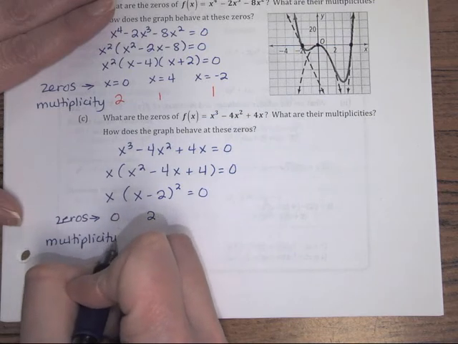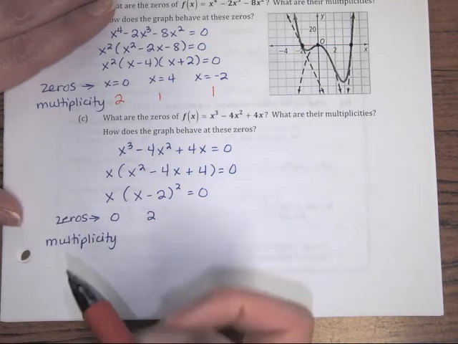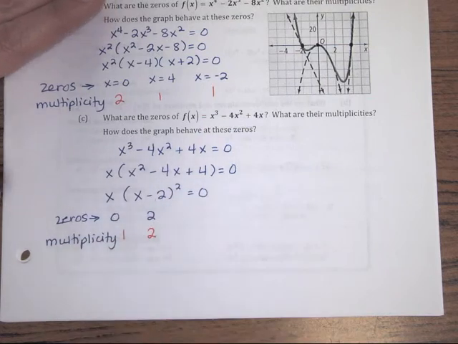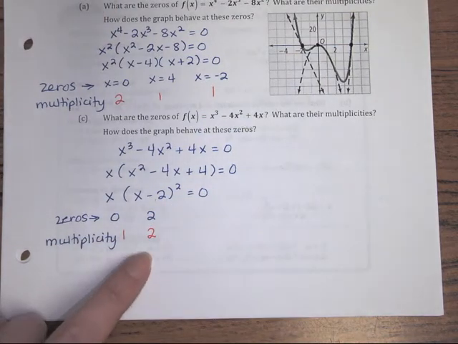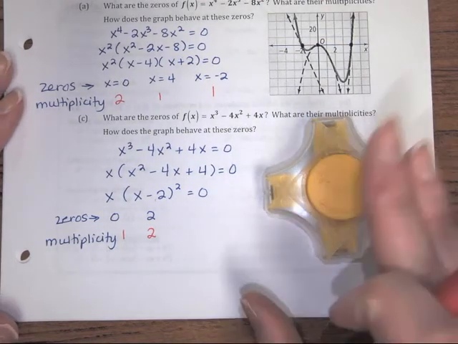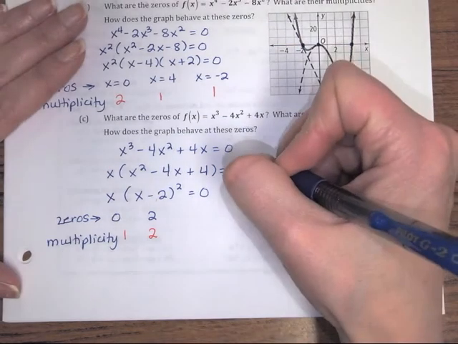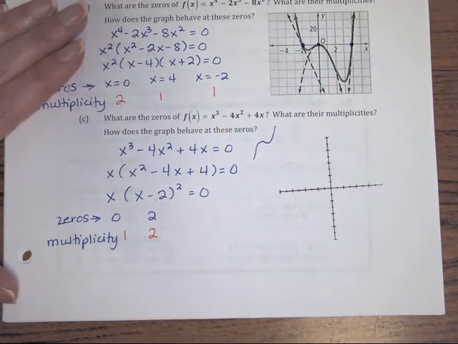Would it be like 4 or something? 1 and 2. This one only occurred once, this one occurred twice. So at this point, it would bounce off. If I wanted to graph this little beauty, this is cubic and the a is positive, so it looks like this, right?